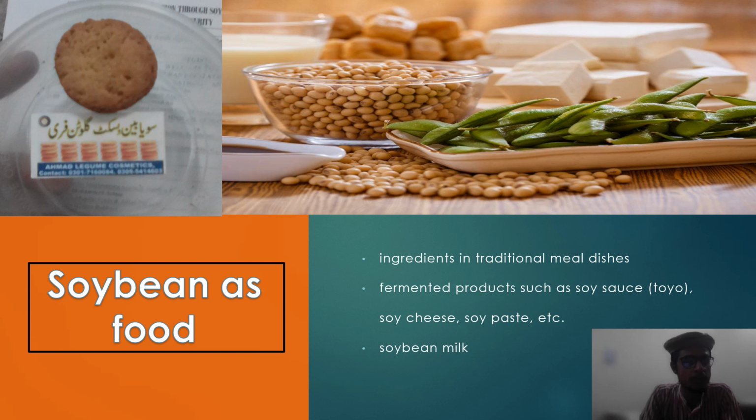So this is the product. When I was in the meeting, they served us these soybean biscuits. I ate only two biscuits and felt like I wasn't hungry. This is a full-of-nutrition, gluten-free biscuit.